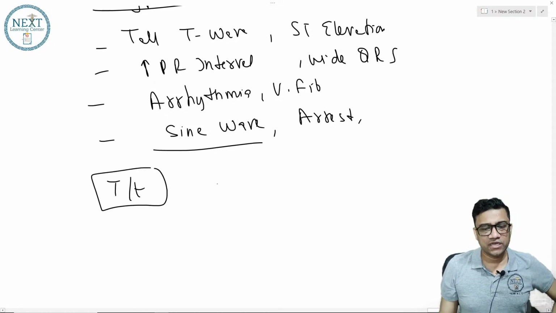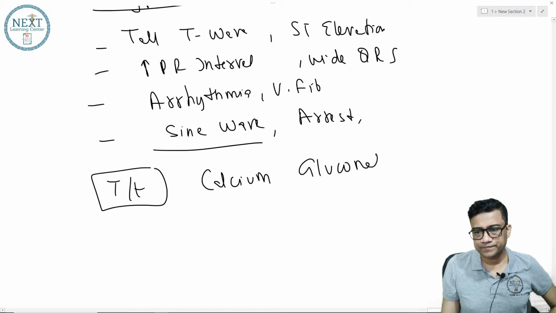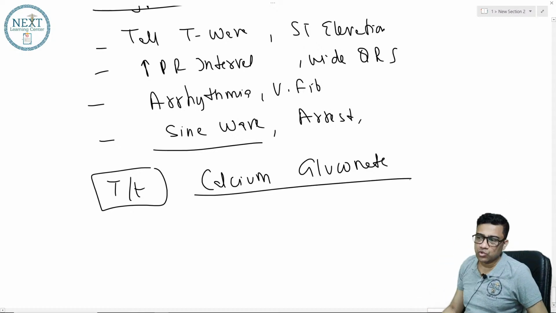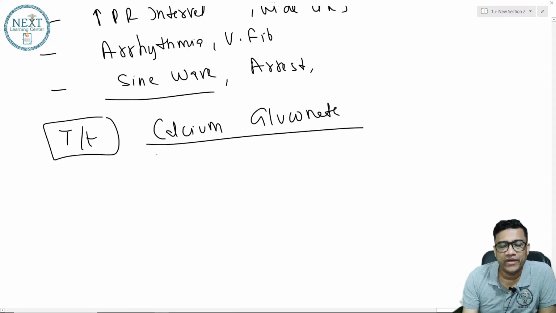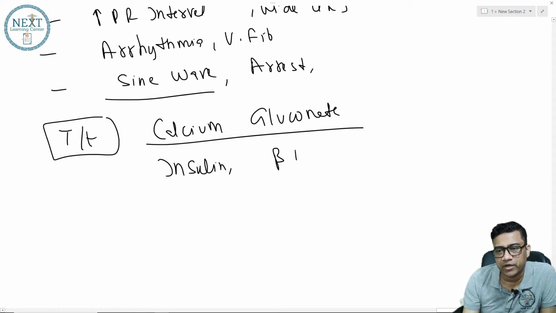Treatment is basically we give calcium gluconate, MCQ. So treatment is calcium gluconate. So we'll give the calcium gluconate. Okay. Then also we give insulin and beta agonist. Beta 2 agonist. Which one? Salbutamol.